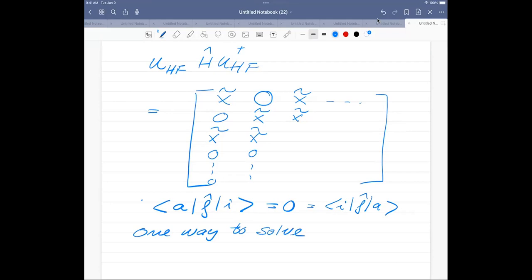There are actually many ways of doing this mean field calculation, because what you want to do now is simply to fulfill this equation. And one way to solve this equation is normally called the standard, some people even call it the canonical Hartree-Fock. I like to call it the standard Hartree-Fock.